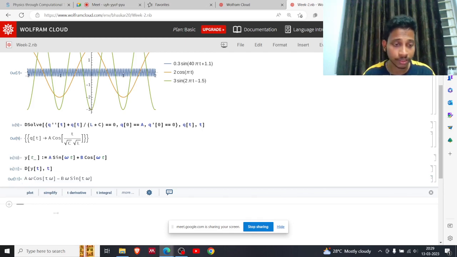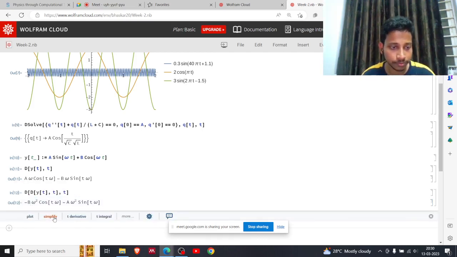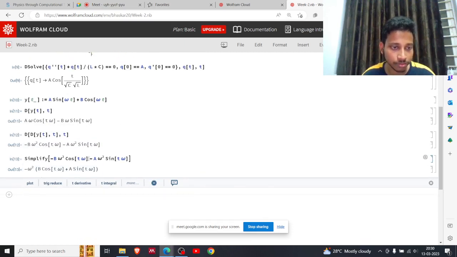Now again I will do the second derivative. So this is the second derivative of the equation y[t]: minus b omega square cos(omega t) minus a omega square sin(omega t). Now if we simplify that, we get minus omega square times (b cos(omega t) plus a sin(omega t)), which is exactly y[t]. So we can say that the double derivative is equal to minus omega square y.